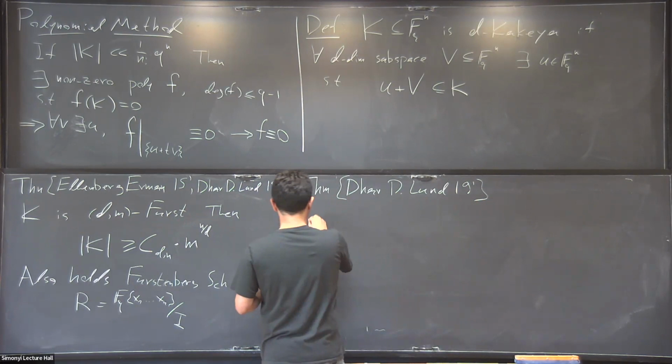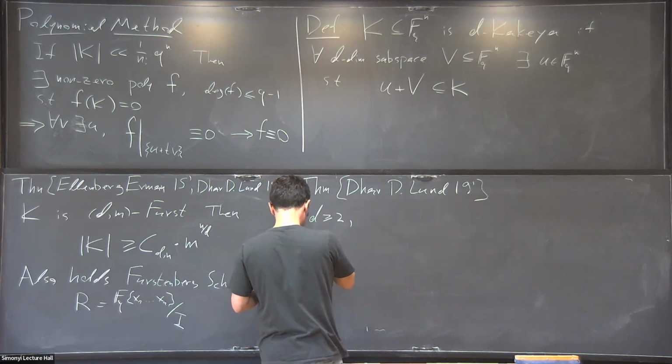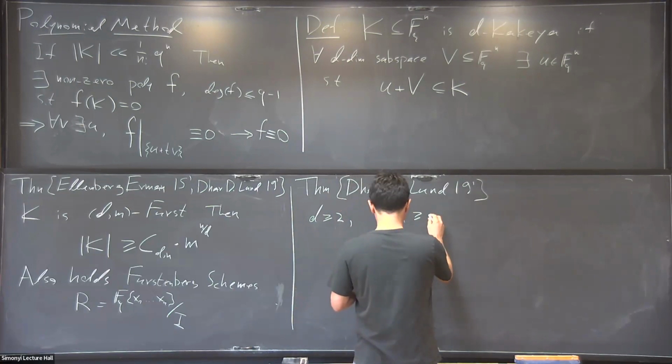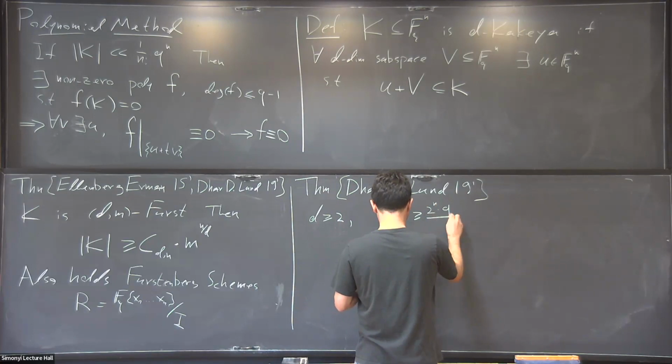is that when q is at least two, m can't be too small, at least n q over epsilon squared.